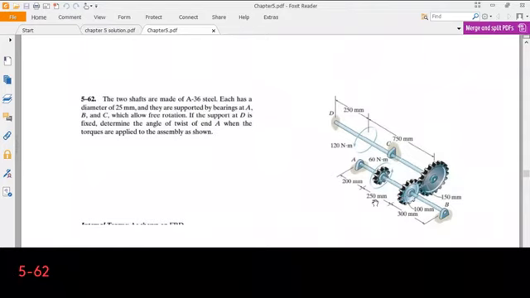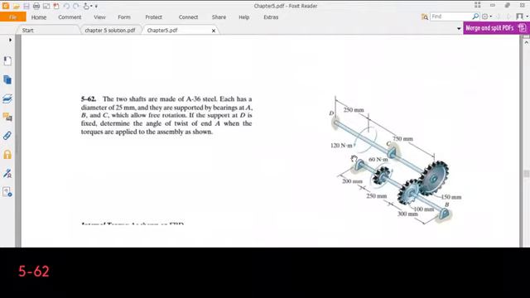And L5 will be from the 60 Newton meters of torque to the bearing A, which is 0.2 meters. So these are my distances.